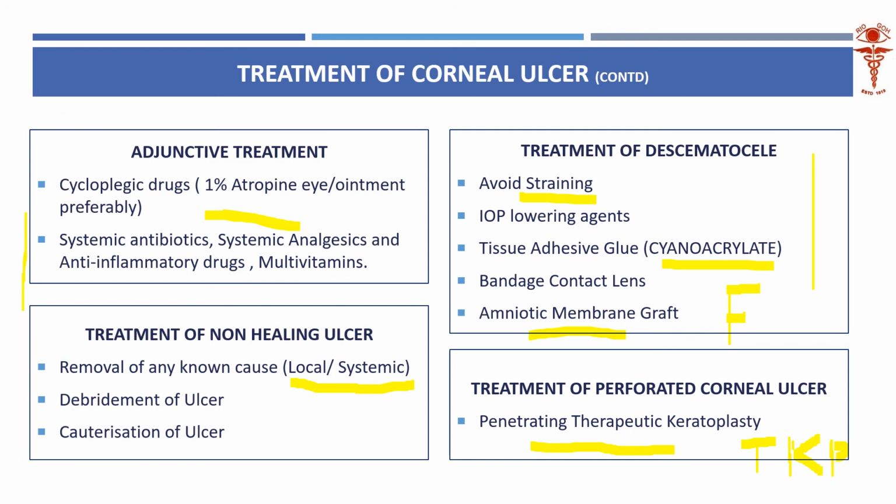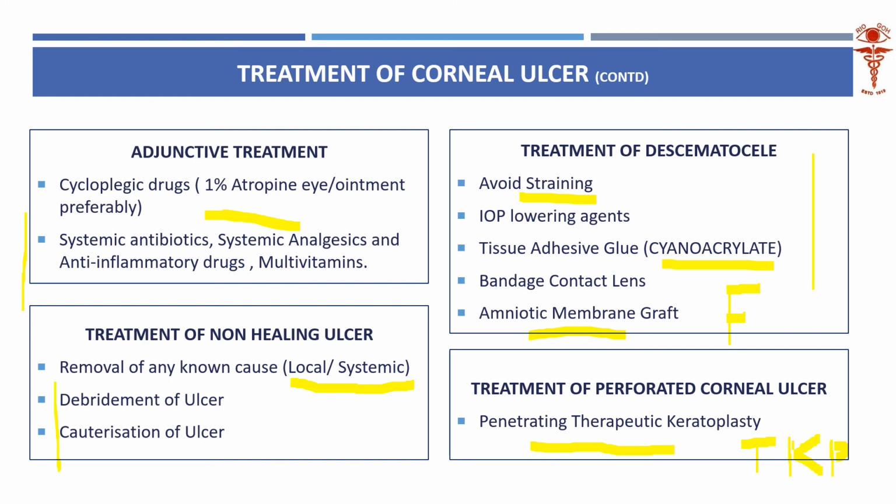Then a surgical maneuver is possible. What is the surgical maneuver for corneal ulcer? We do a scraping. When we do a microbiology examination, we do a scraping with the Kimura spatula. That scraping with the Kimura spatula, you do more thoroughly. You try to scrape off all the edges of the corneal ulcer and the slough in the base of the corneal ulcer. This removal of most of the necrotic material in the corneal ulcer is called debridement.